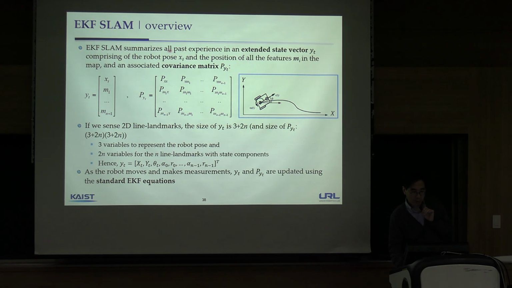So EKF SLAM summarizes all present experience in the extended state vector, comprising the robot pose x_t and the positions of all features m_i in the map, and the associated covariance matrix.